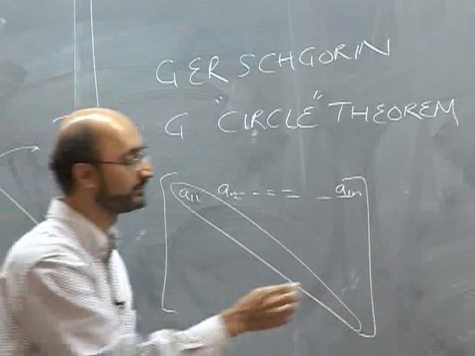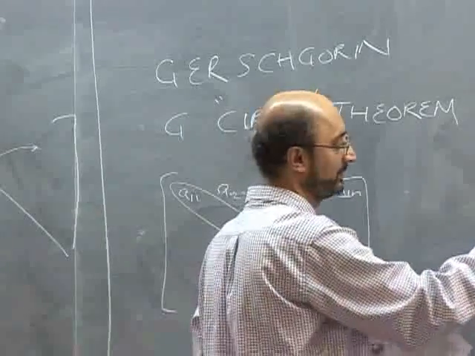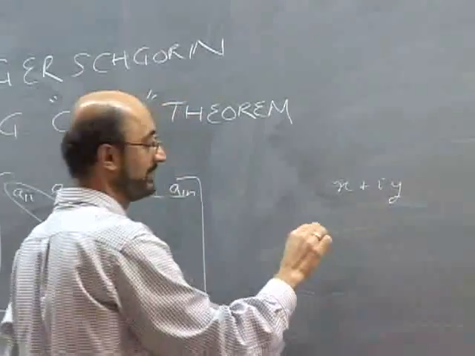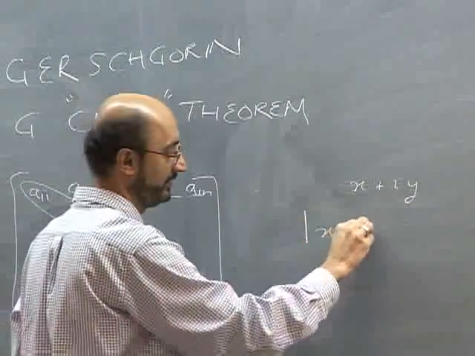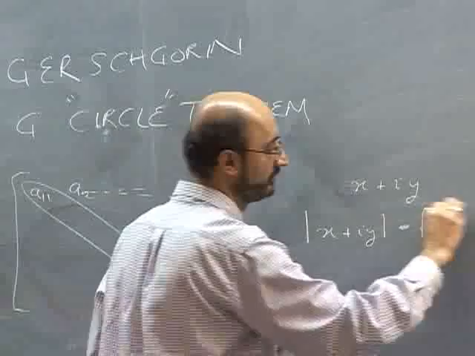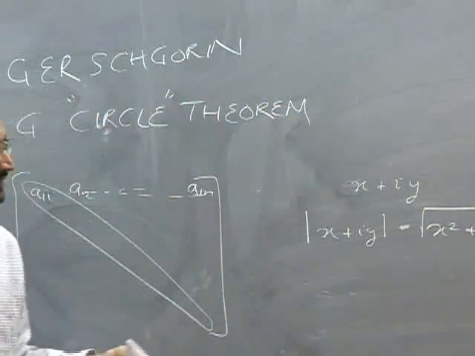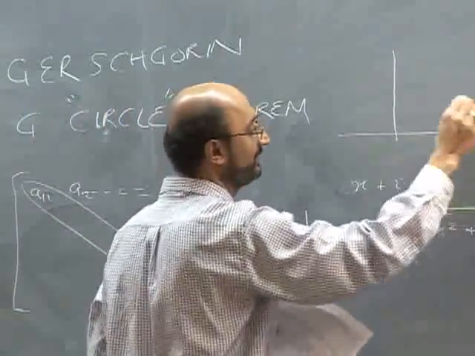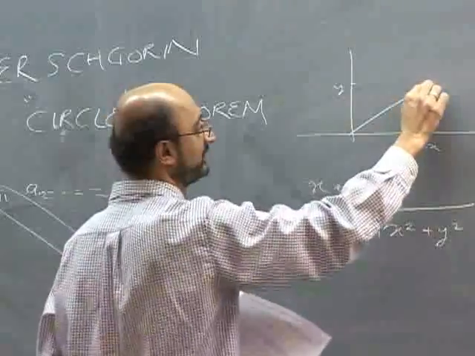For a complex number which is written in the form x plus iy, the magnitude is given by the square root of x squared plus y squared. And the geometric interpretation is that x plus iy is somewhere over here. This is x, this is y, this is x plus iy.